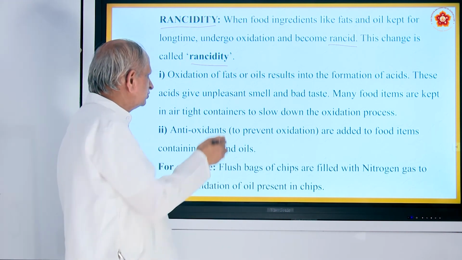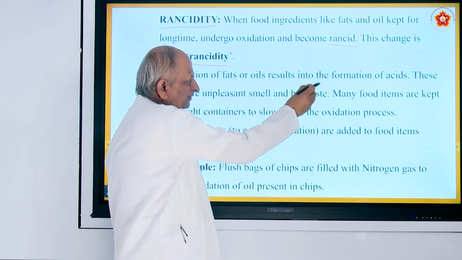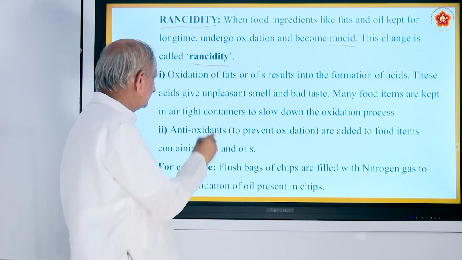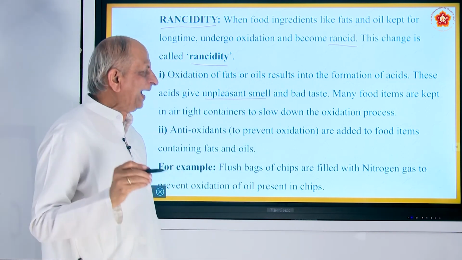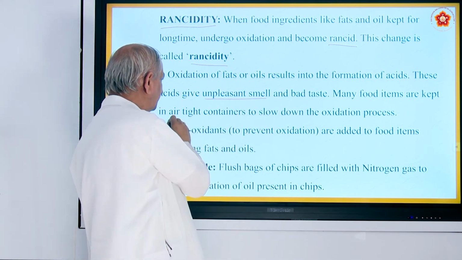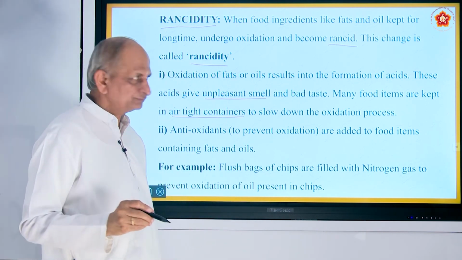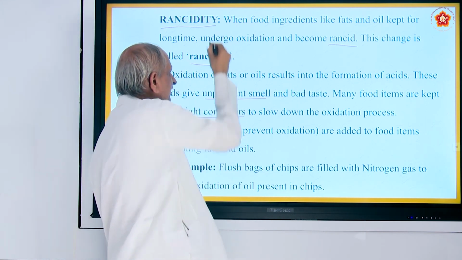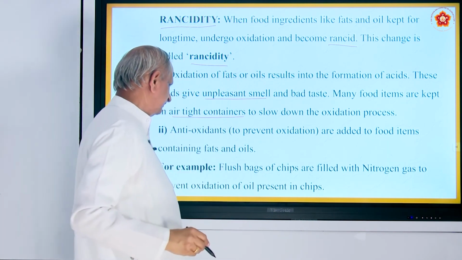Oxidation of fats or oils results in the formation of acids. These acids give unpleasant smell and bad taste. Many food items are kept in airtight containers to avoid this rancidity.